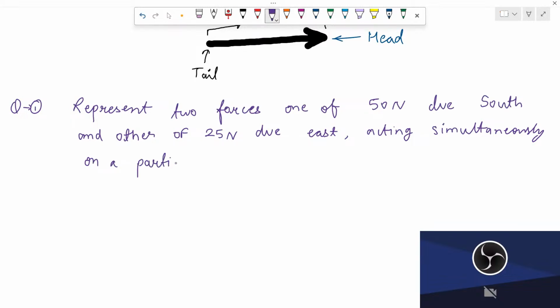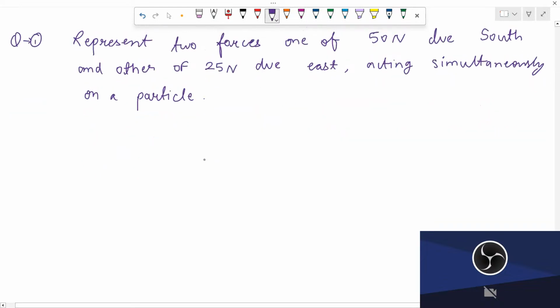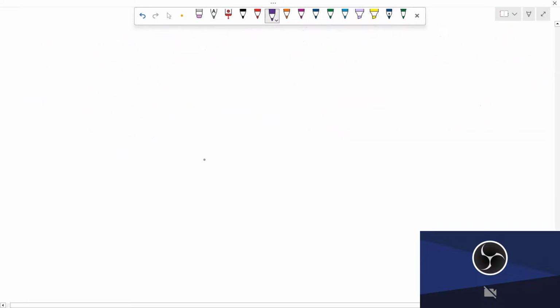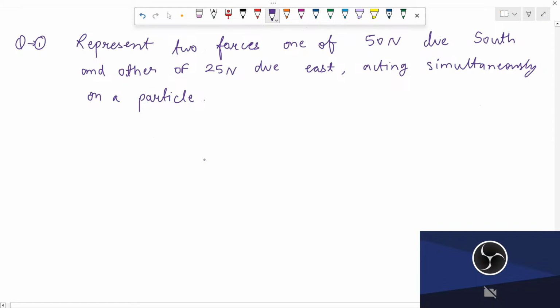These two forces are acting simultaneously on a particle, so we need to represent our two vectors in this. Is it clear? Everybody read the question and tell me what the appropriate solution in graphical view will be.